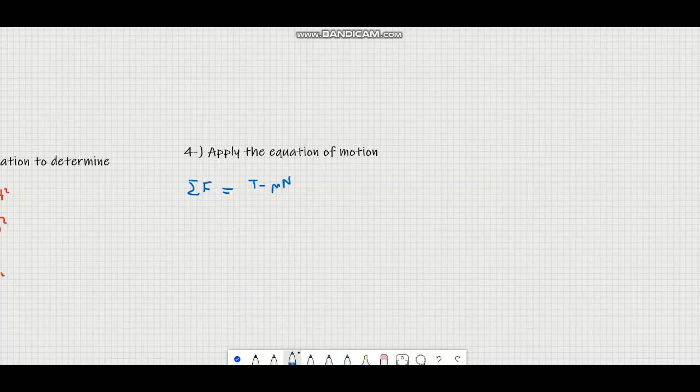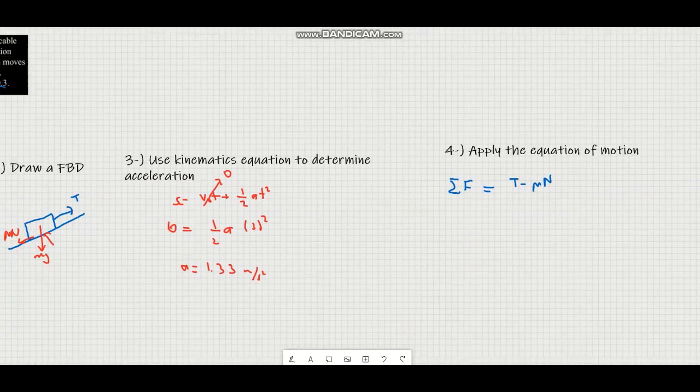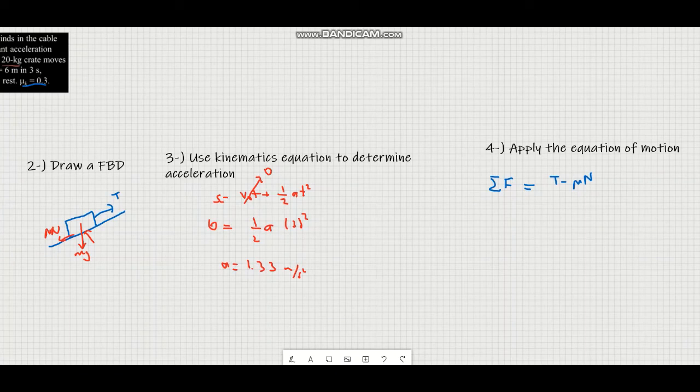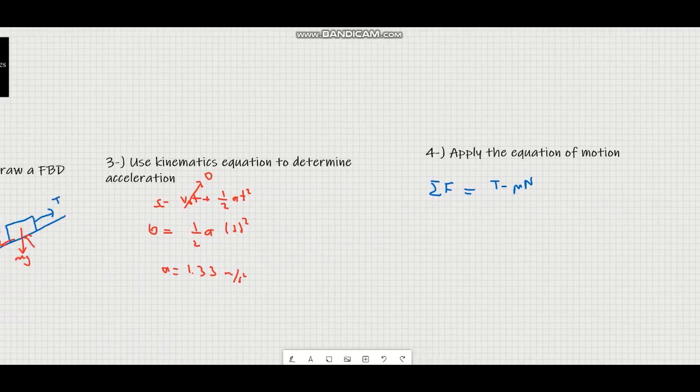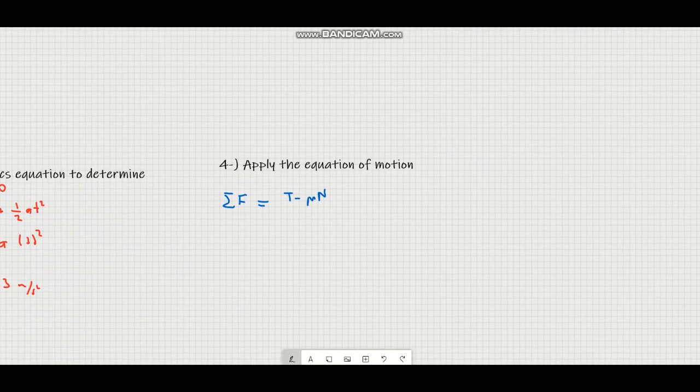Then we see here we have this mg, but from the weight we also have the components on the left-hand side, which is in the minus direction: minus mg sine 30, because the angle is 30, in our equation of motion, right?